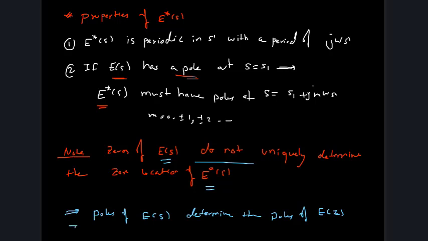So if E(s) has a pole at s equal to s1, then this implies that E(z) will have a pole at z1, which equals e^(T s1). And this is the end of chapter 3.